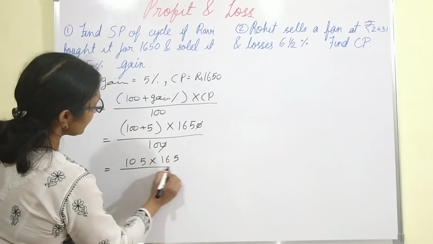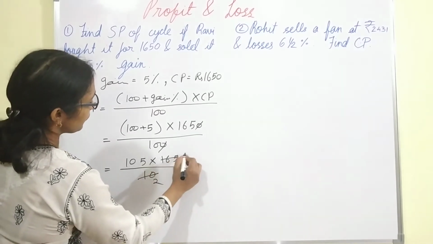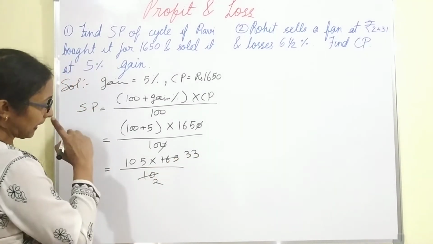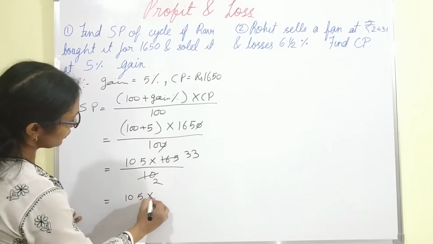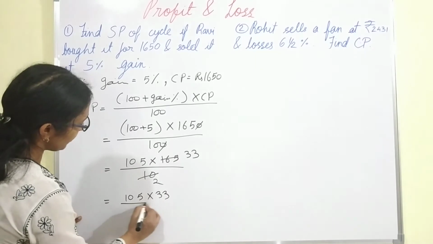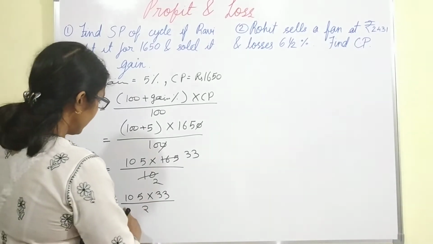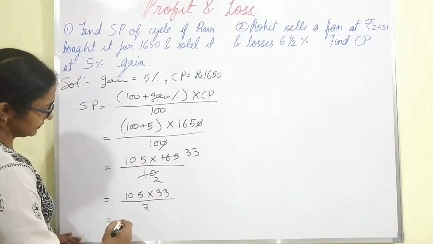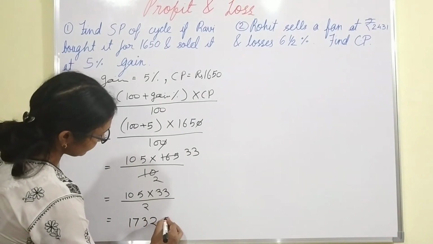So 105 into 165 upon 10. 5 2s are 10, 5 3s are 15. So 105 into 33 upon 2. Now multiply and divide it: 1732.5.